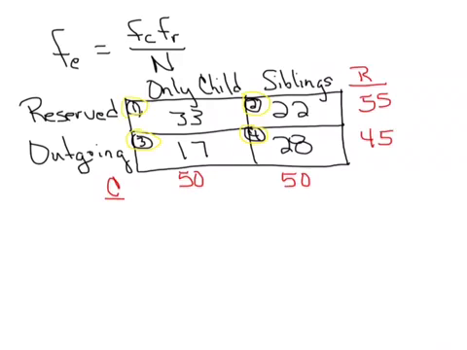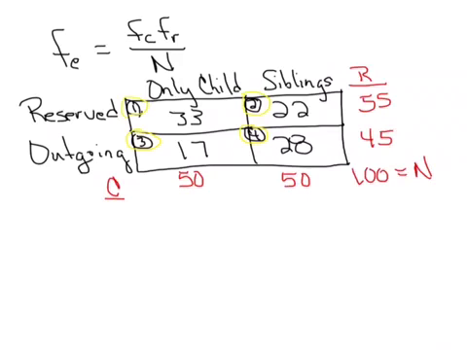So you know there's going to be 50 and 50. No matter what, if you add up the row marginals or the column marginals, you're going to get 100. This is your N, the total number of participants in the entire study.